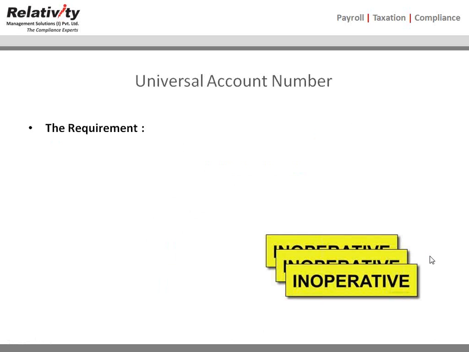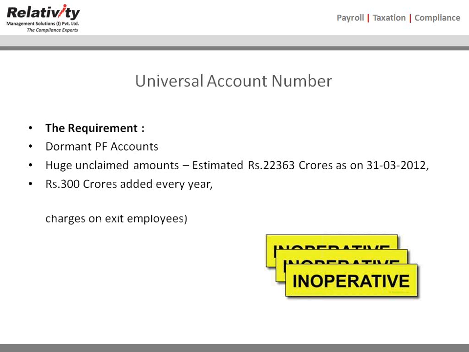We should also understand the requirement for bringing in a universal account number. You are all aware that there are a lot of dormant PF accounts. There is close to 22,000 crores of unclaimed amounts lying with the EPFO as on 31st of March 2012. This leads to a revenue loss for the EPFO itself, because one, they will have to pay the interest for 3 years until the account is classified as dormant.